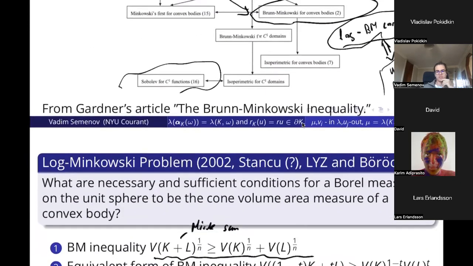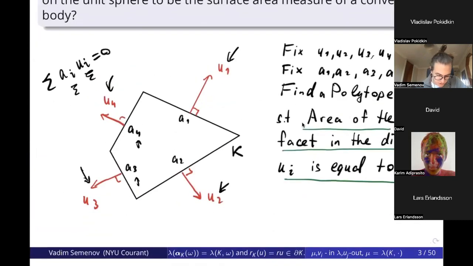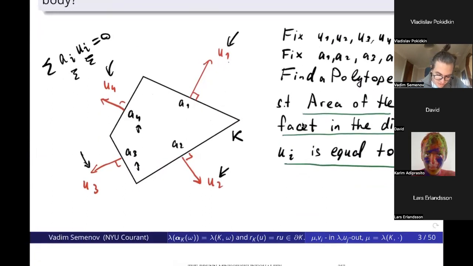But the log Minkowski problem is also a very simply stated geometric result which we don't yet fully understand. So what is the log Minkowski problem? Let me get back to here, right? For the Minkowski problem, we fixed the direction of the facets and we had some numbers which were lengths. But now suppose the center is inside and you look at this cone over here, and you look at the area of this cone.